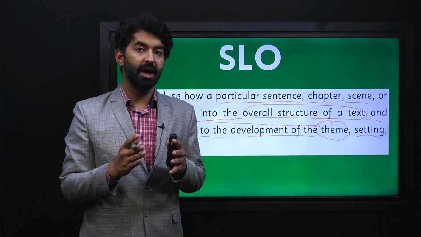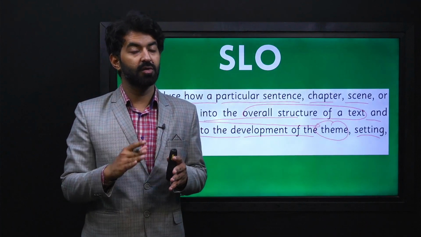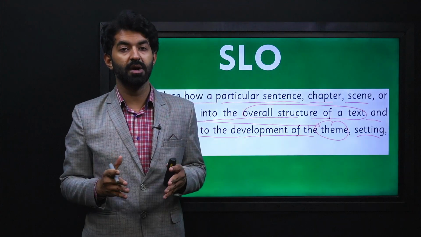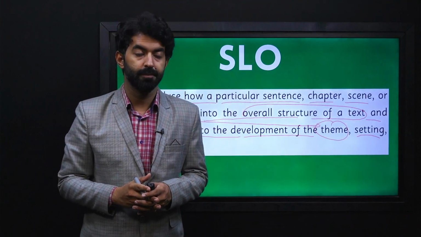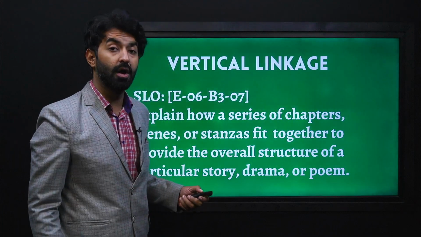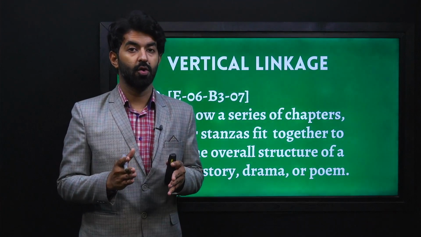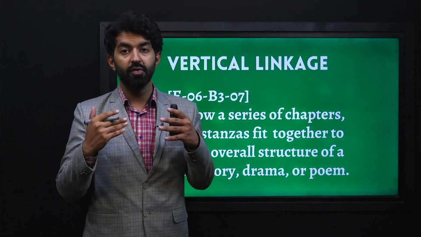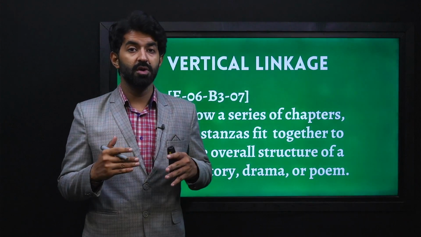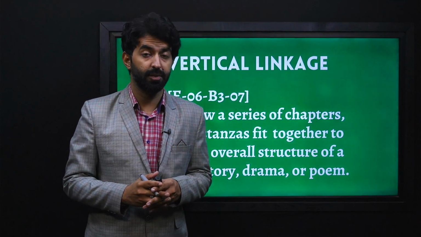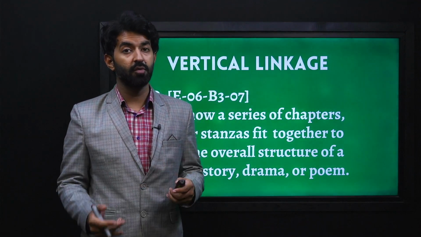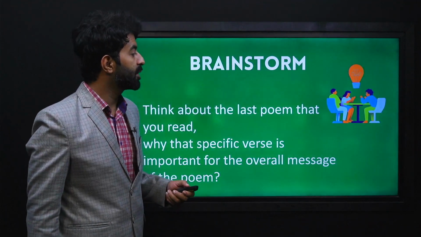So, we will be analyzing stanzas and how they contribute to the overall theme and structure of the poem. Now here is your vertical linkage that you have already covered this SLO in the previous grade. You can recall most of it and try to retrieve as much information as you can so that we can move on and do our brainstorming session.